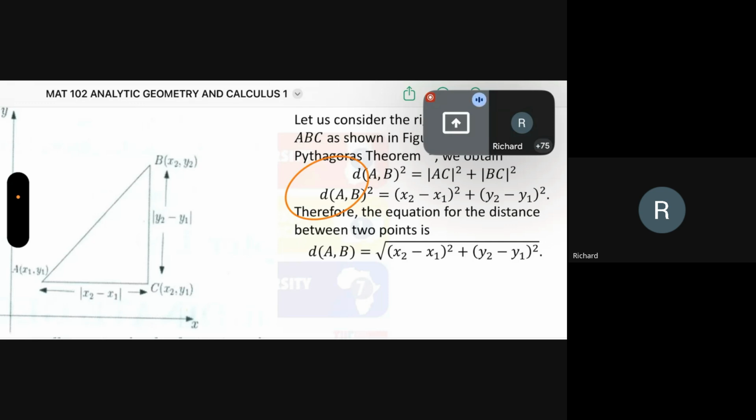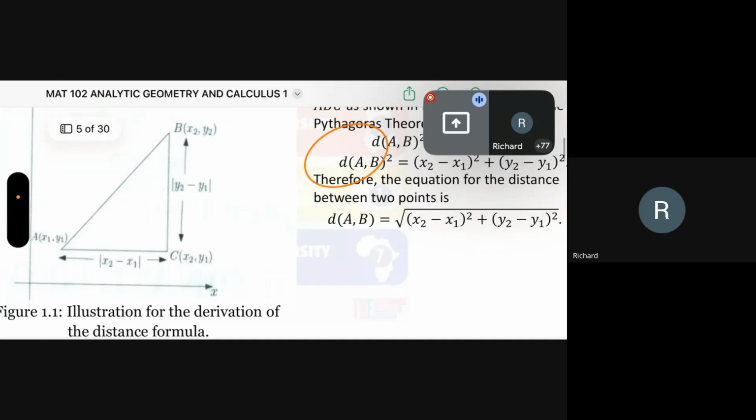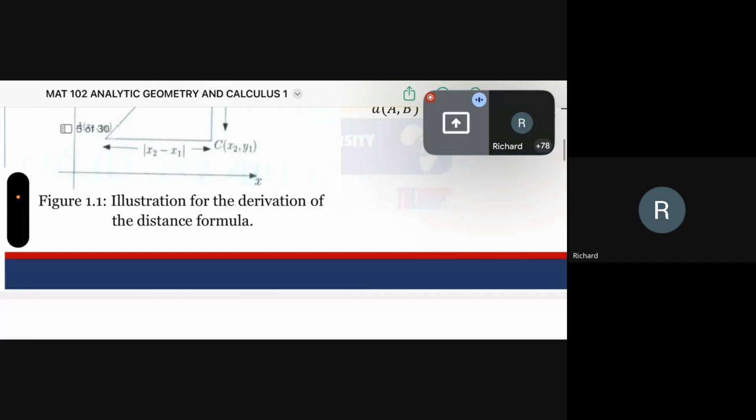Then d(A, B) is equal to the square root of (x2 minus x1) squared plus (y2 minus y1) squared. And this is the distance formula between A and B. So anytime you are given two points and you want to find the distance between the two, it is the square root of (x2 minus x1) squared plus (y2 minus y1) squared.